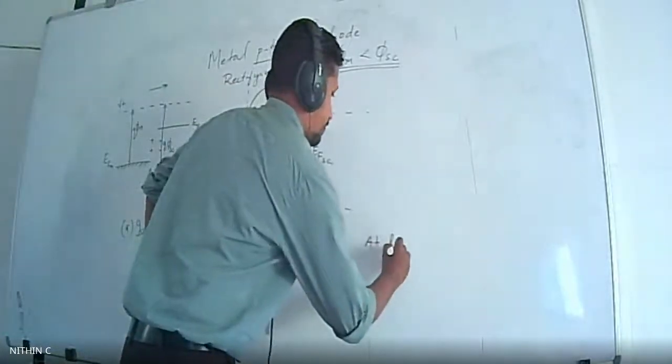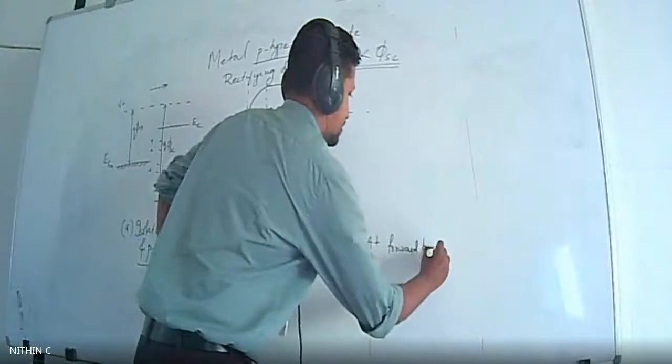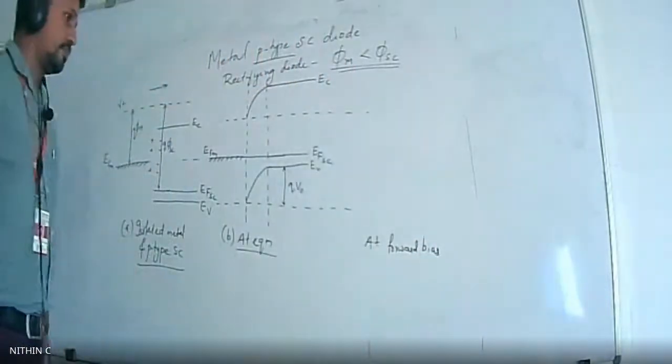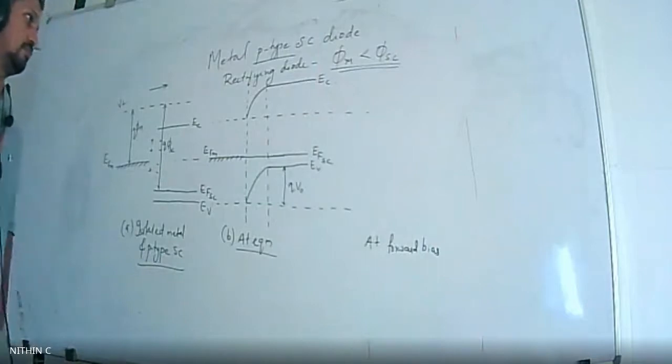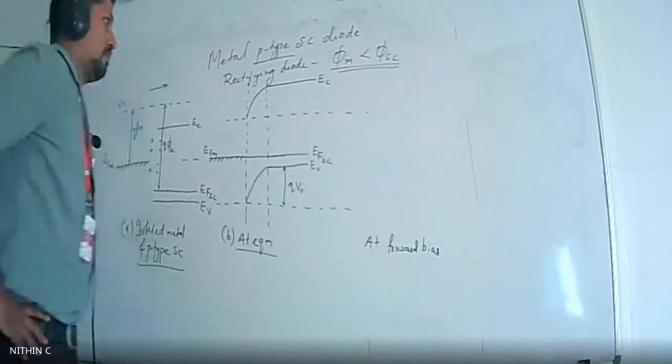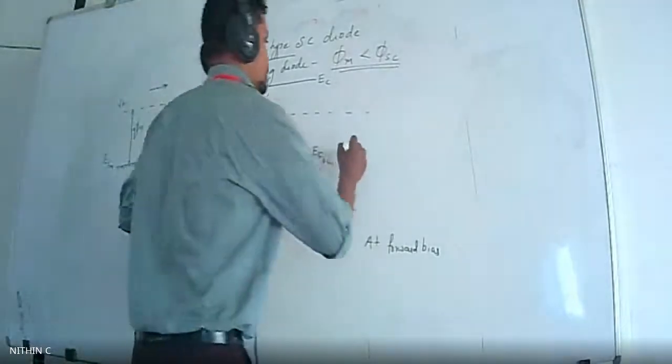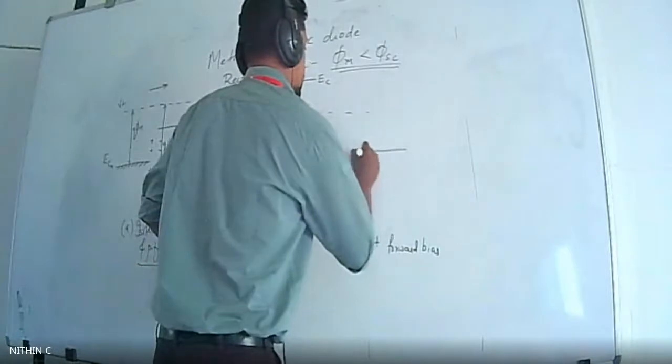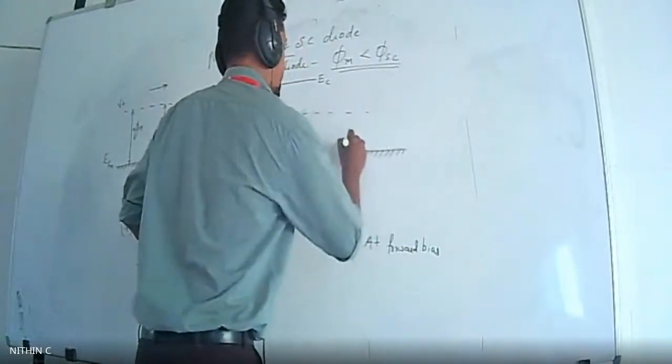At forward bias, reference level will be kept at EFM itself.